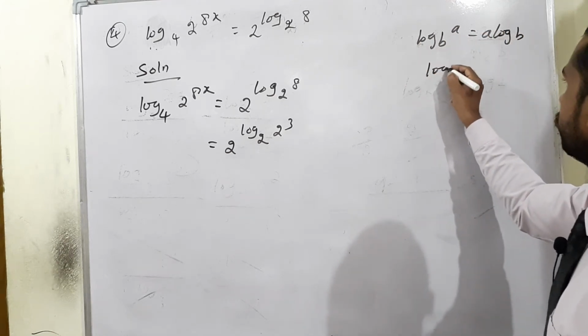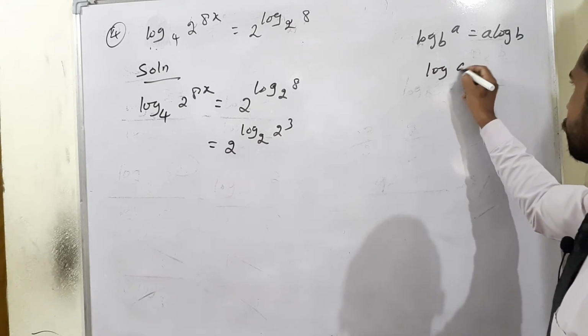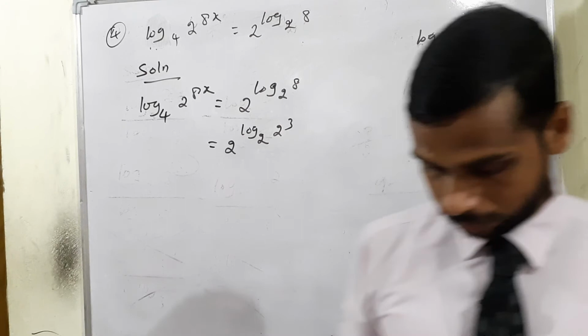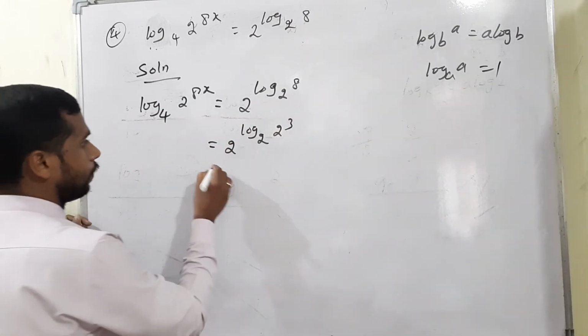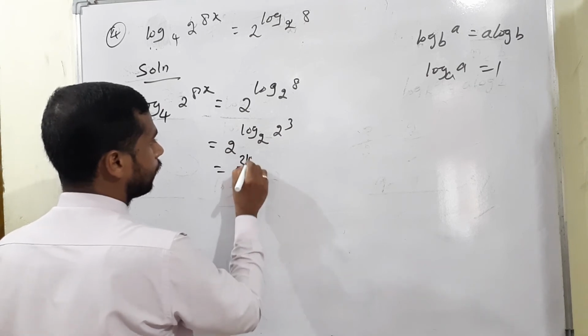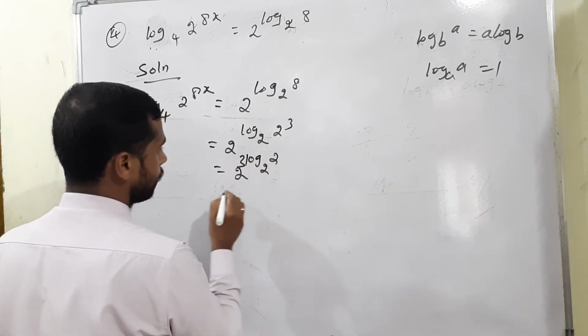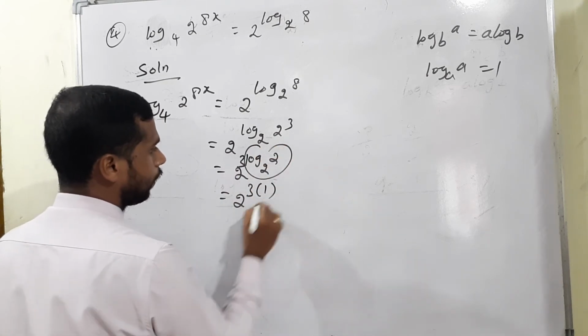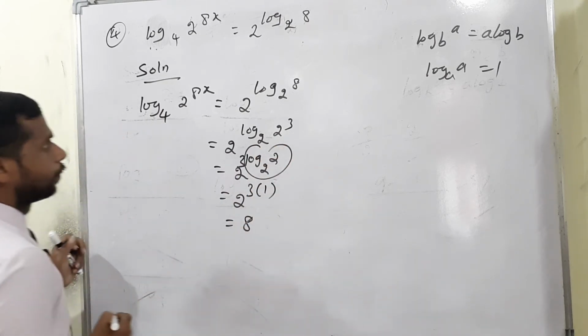At the same time, when base and argument are the same, log a base a, the value will be 1. So now the power comes out to the front: 3 log 2 base 2. Therefore 3 into log 2 base 2, the value will be 1. So 2 power 3 means the output we have is 8.